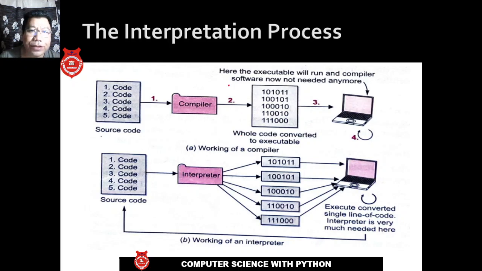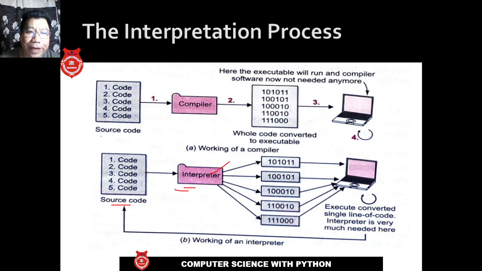Okay, so let's go to the next process, which is known as the interpretation process. In the interpretation process, all the source code is checked line by line, and executable code is produced. I want you to know the difference between compilation and interpretation.